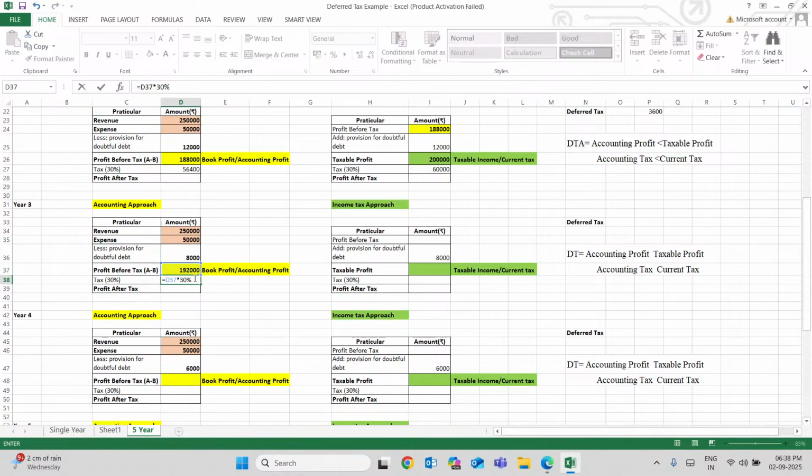Going to put the profit before tax right here, and then we are calculating the new taxable profit. That will be 2 lakh, on which it will be 60,000.